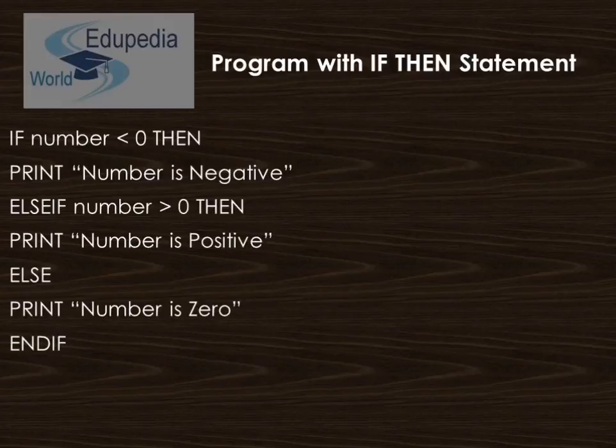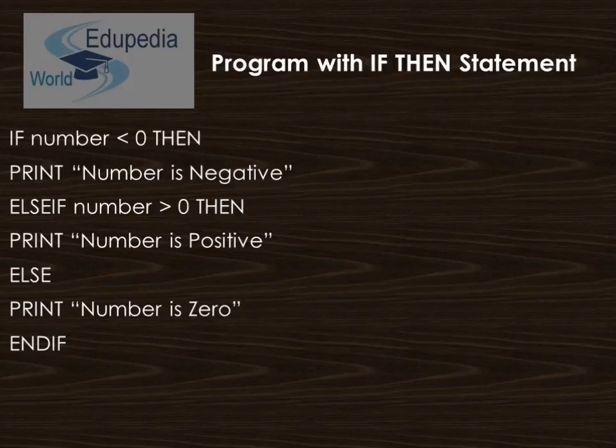Then comes one more condition in the IF-ELSE condition, which is the ELSE IF condition. Again the condition is checked. Suppose if the number is less than 0, print number is negative. Else if, check the number again. If it is not less than 0, then check if it is greater than 0.